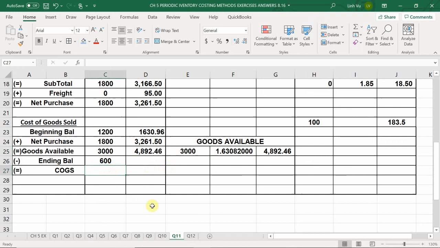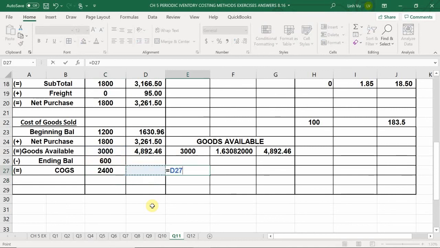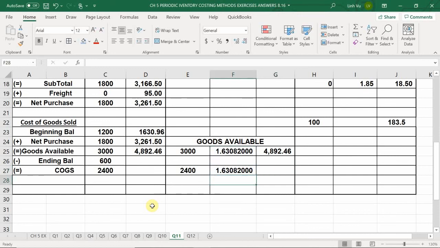So if we have 3,000 items available to sell, and we ended up with 600, how many items did we sell in grand total? 2,400. So once again, we're going to solve for our cost of goods sold for 2,400. So therefore, costing at $1.6308.